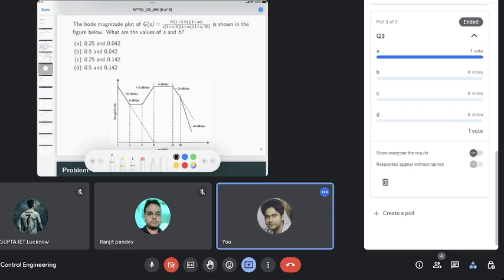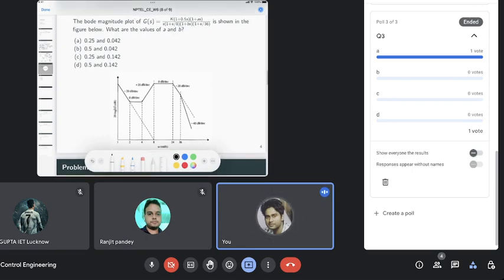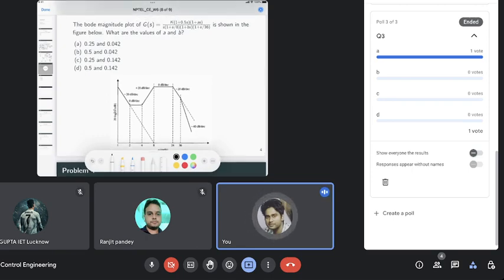So you have one corner frequency at 8 where this pole is located, and another is 1 by B. So 1 by 0.5 is 2, right?